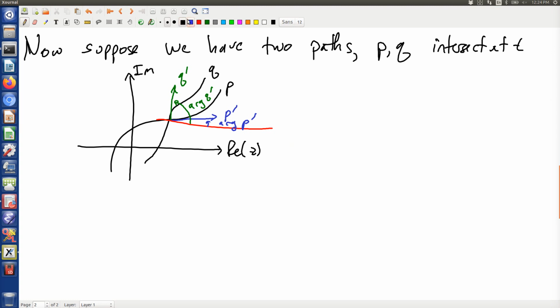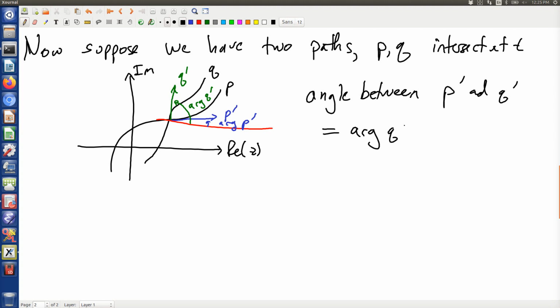So the angle between P prime and Q prime: in general, if we're in the plane, we have to use this awful arc cosine formula, but here in complex numbers we don't. We can just use the arguments. It's very easy. It's just the argument of Q prime minus the argument of P prime.